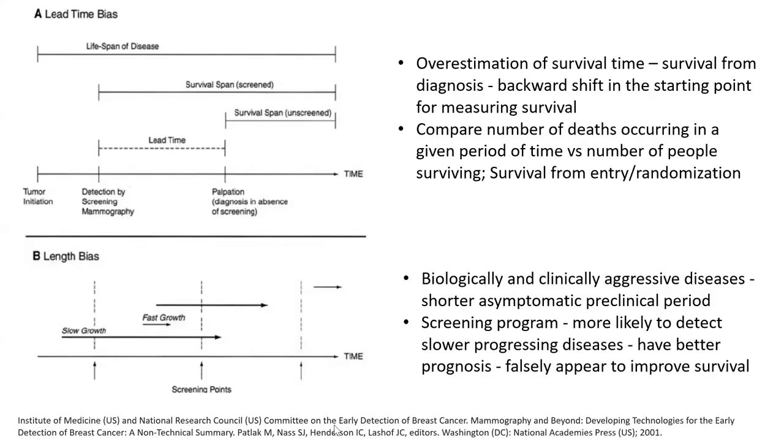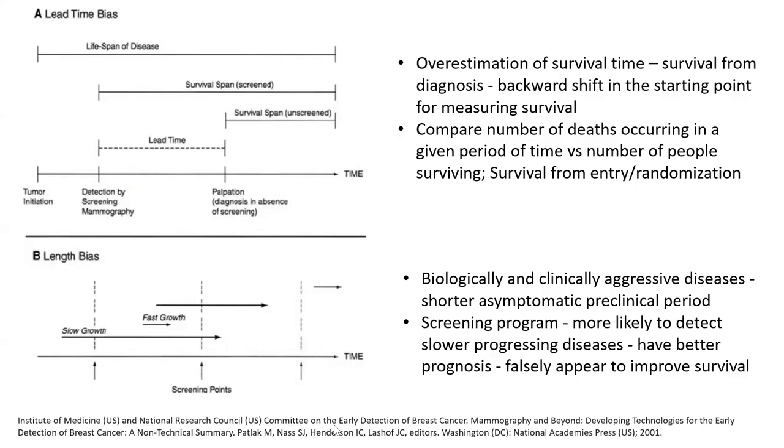Yes. So those which are more aggressive will have a shorter asymptomatic preclinical period and will not be identified through screening, because in screening we are looking at apparently healthy asymptomatic individuals. So your screening is going to capture the slow growing tumors in asymptomatic individuals, and the assumption here is that the slow growing tumors are also going to lead to lesser mortality.